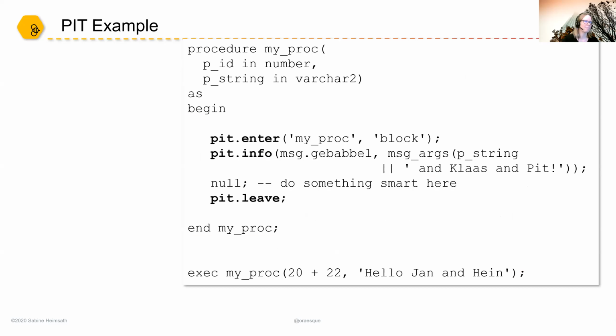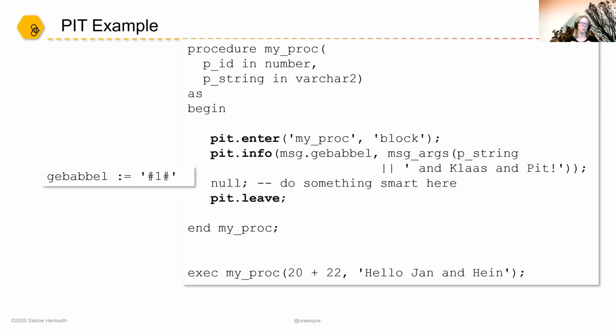Example. A procedure, 2 parameters. When you start a procedure, you say pit enter, give the name and some text. You can log the info. You say some message and the message arguments. This is actually the easiest message that you can define.